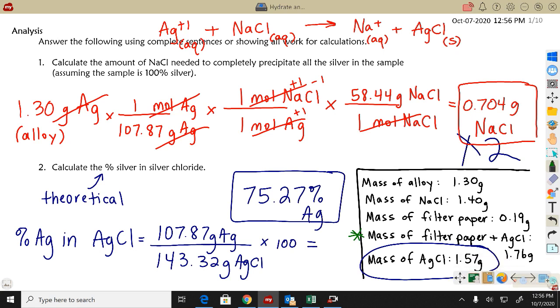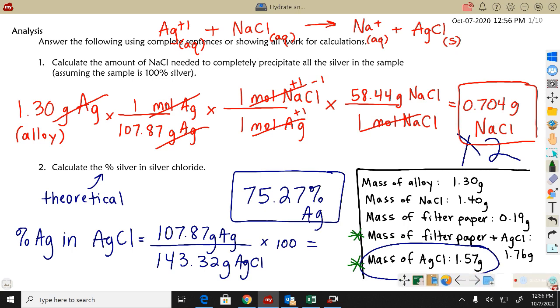But if that wouldn't have been dry, then really the mass we would have taken today would have been the filter paper, the precipitate, and excess water. So we would have subtracted off the filter paper, and we would have had this number right here then. But that would have technically been the mass of the silver chloride and the water.